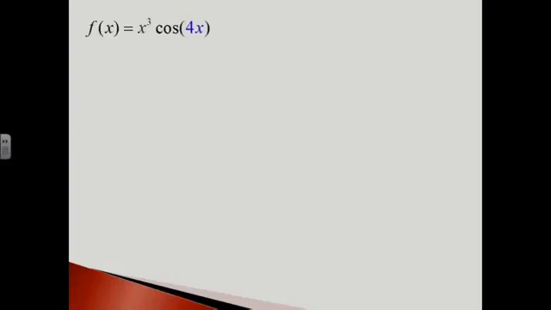By modifying the Maclaurin series for some simple functions, we can obtain the Maclaurin series for more complex functions. The following example illustrates the procedure. Find the Maclaurin series for f(x) equals x cubed multiplied by cosine 4x.